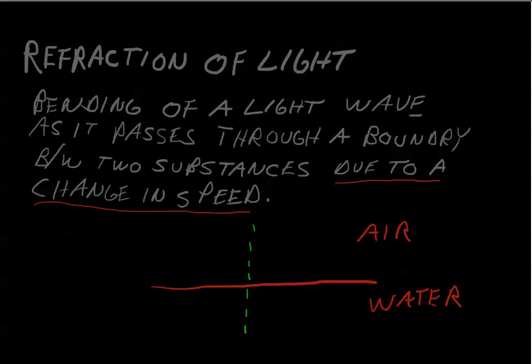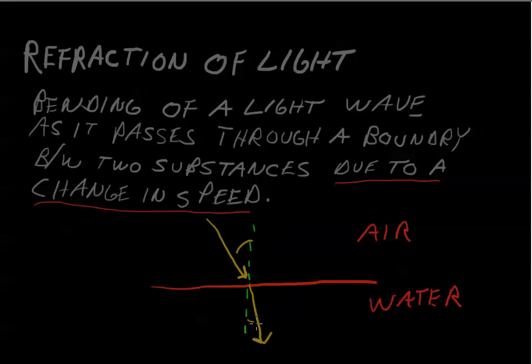There we go. So we have a wave coming in through the air, and it strikes this interface here. So it forms an angle here. But as it hits the water, it bends or is refracted.